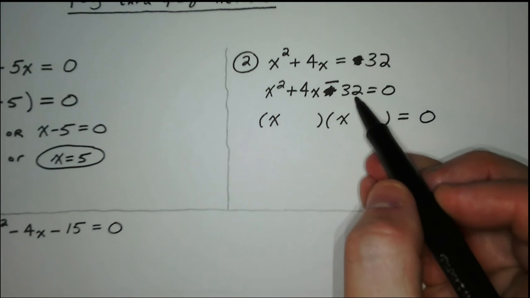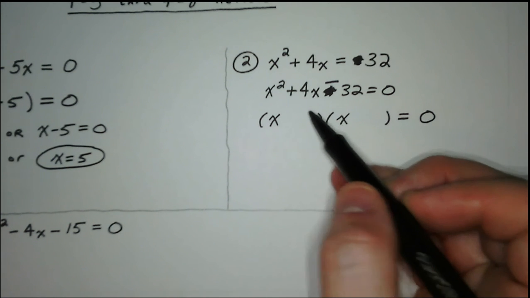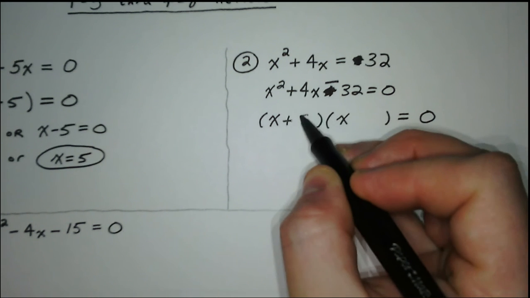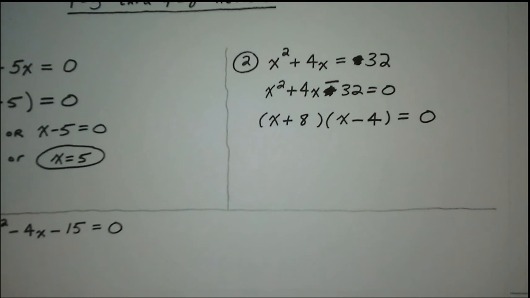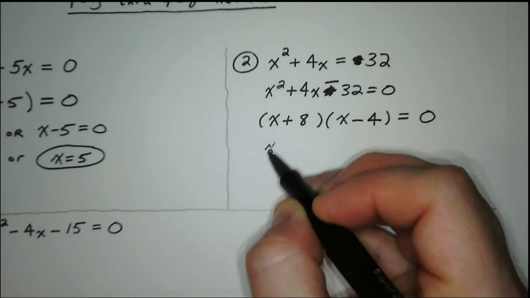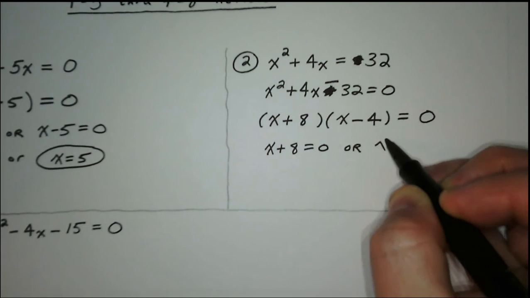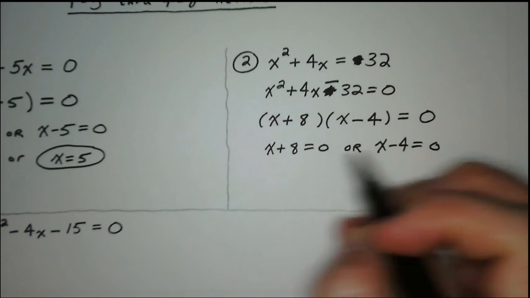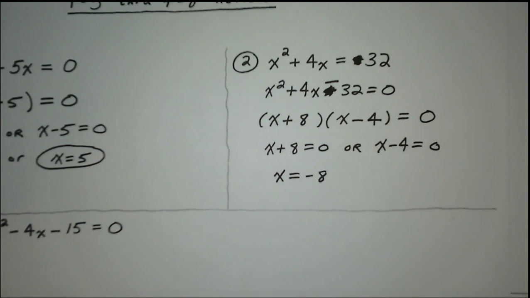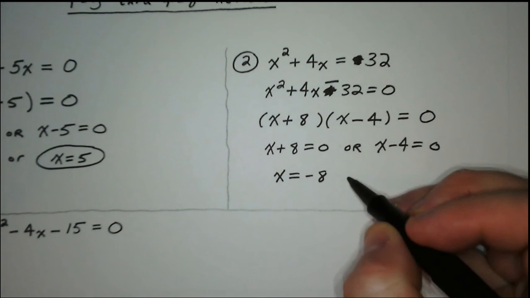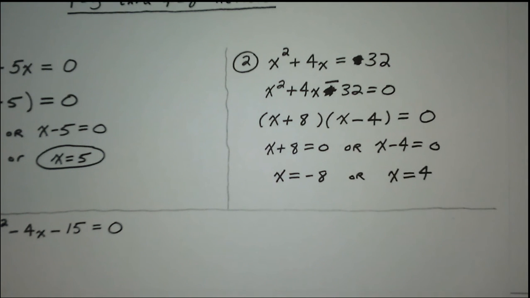So what two numbers multiply to get negative 32, but also add up to positive 4? Well, that would be positive 8 and negative 4. And now once we've factored, we can set both factors equal to 0 and end up with x equals negative 8, or positive 4.